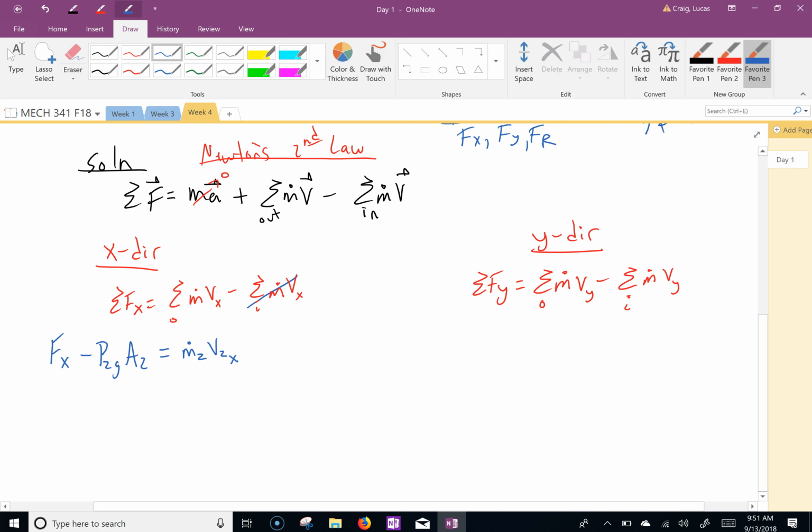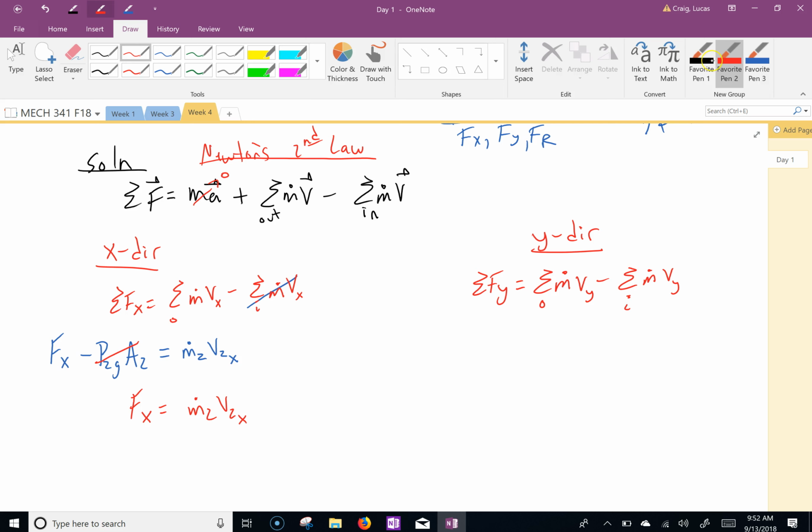Yeah, you can do that. What about P2 gauge? What about it? It's 0. We can get rid of that one too. The X direction is weird, because we do gauge.